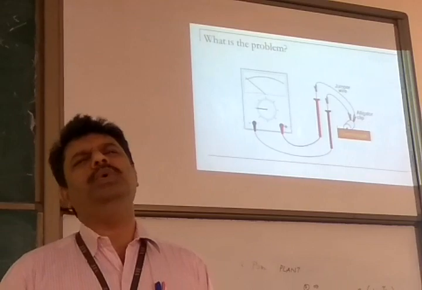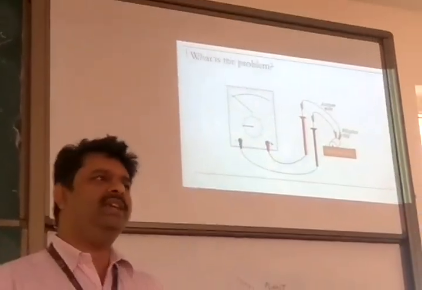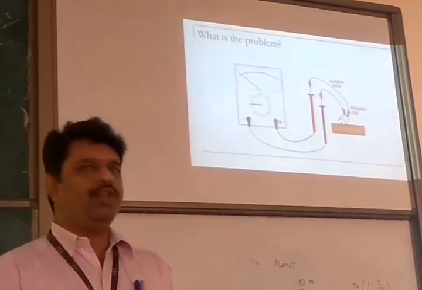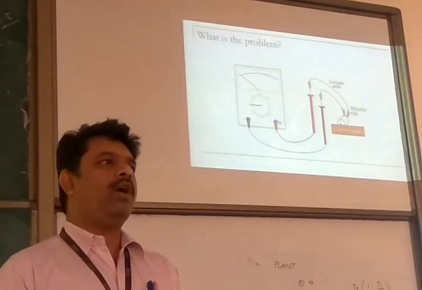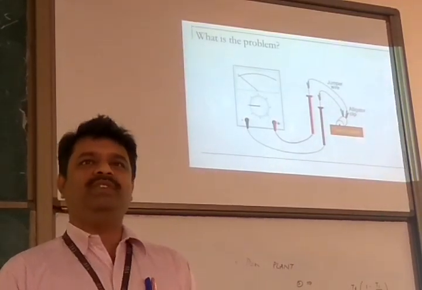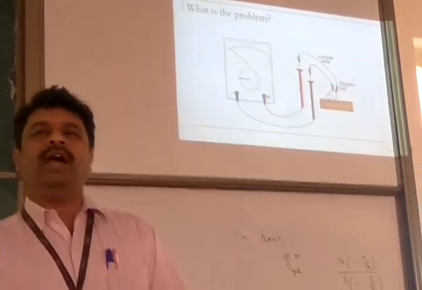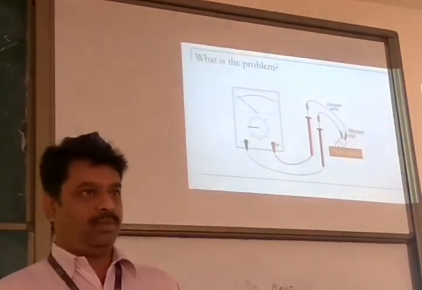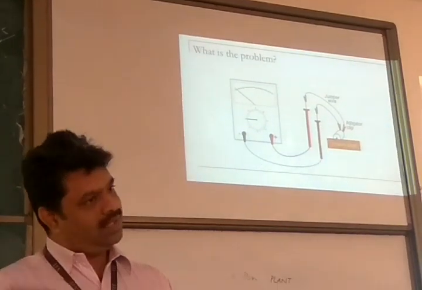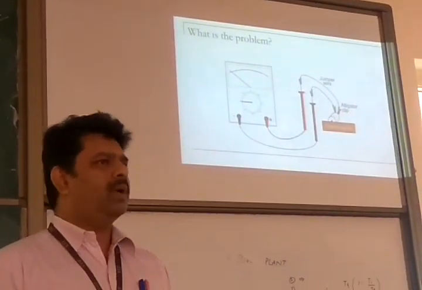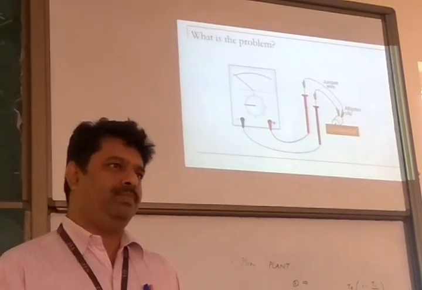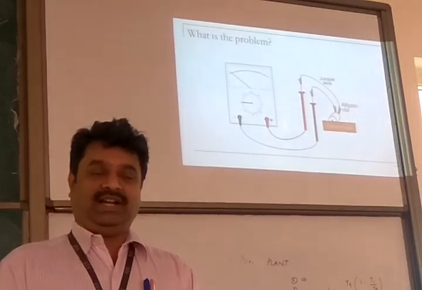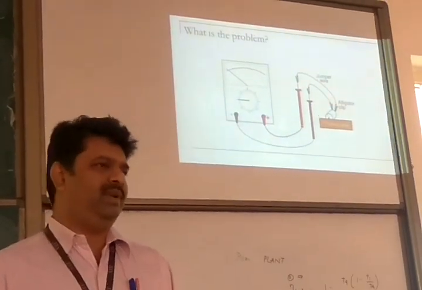But that results in a huge cost. For research purposes, or for argument's sake, you can buy a very costly ammeter which will measure 0.001 amps, that is 1 milliamp, or even 0.00001 amps. Such devices exist, but the cost is very high for such precision meters. People will not be able to afford them from an industry point of view.